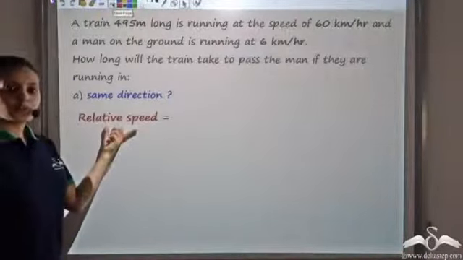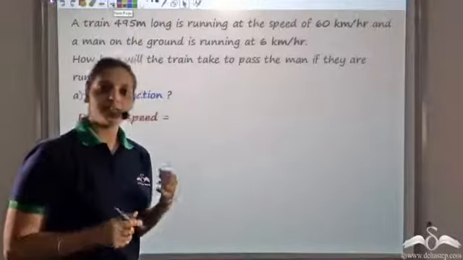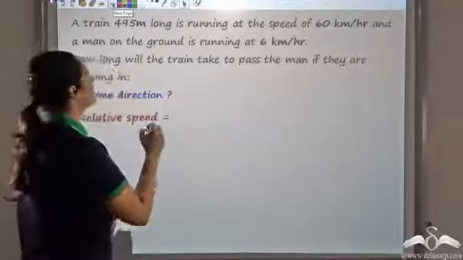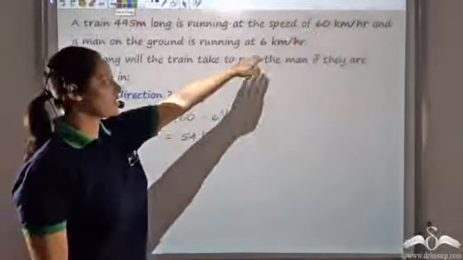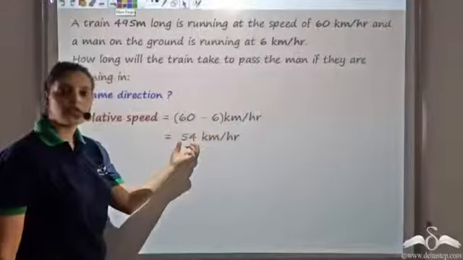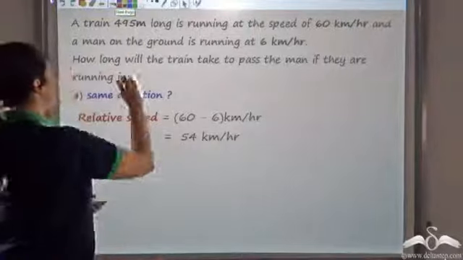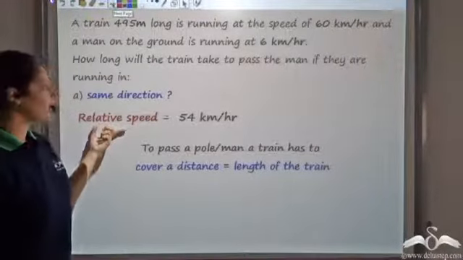So relative speed would be, because both of them were running in the same direction, relative speed is nothing but difference of speeds. So relative speed would be difference of speeds, which is 60 and 6. So 60 minus 6, which is 54 kilometers per hour. So I've got relative speed, which is 54 kilometers per hour.